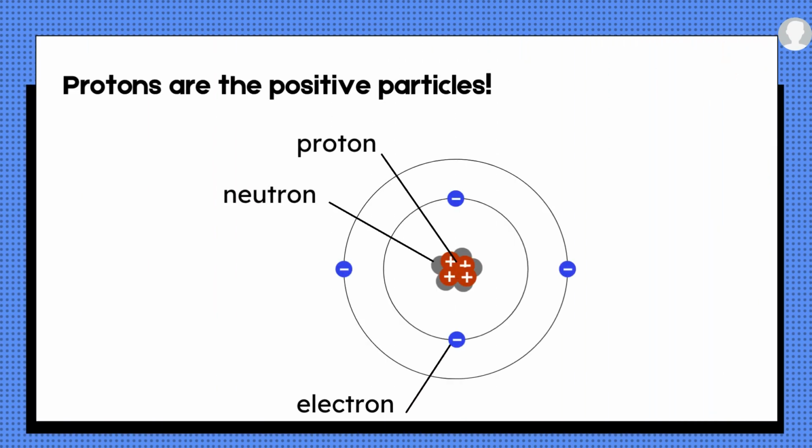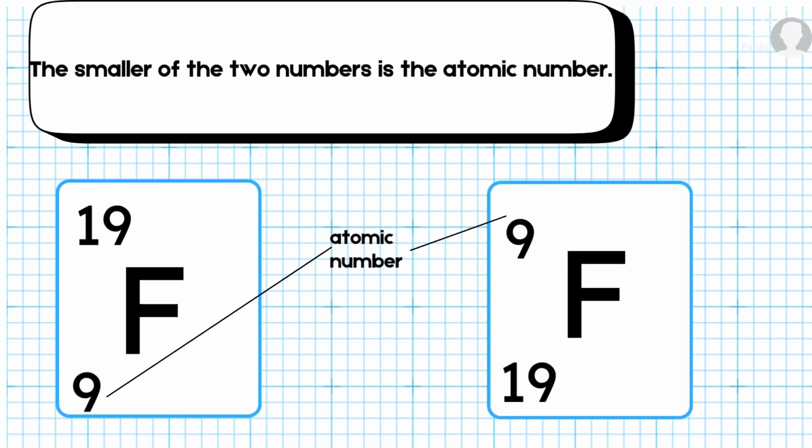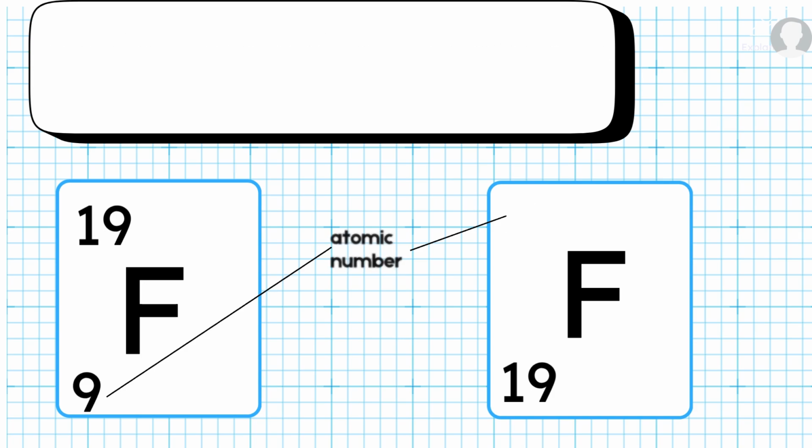Just to quickly recap, the protons are the positive particles. So the atomic number is usually the smaller one, and you can identify it that way. It tells us how many protons, the positive particles, are in the nucleus of an atom.